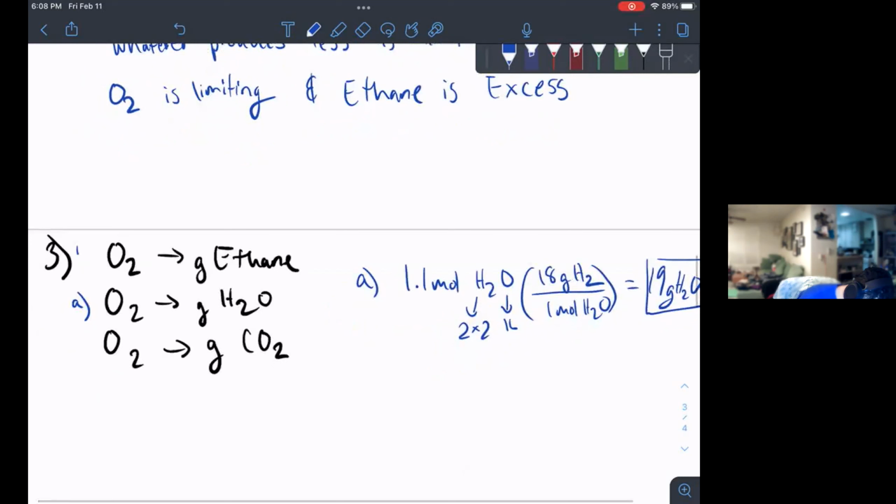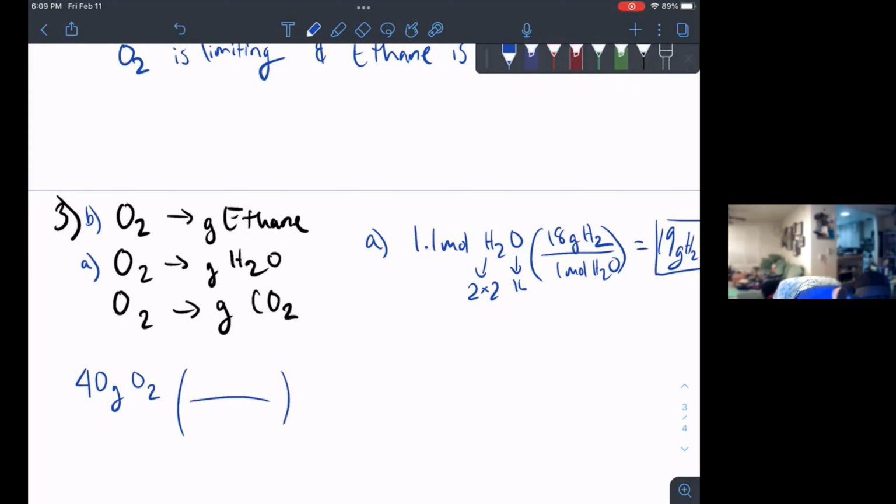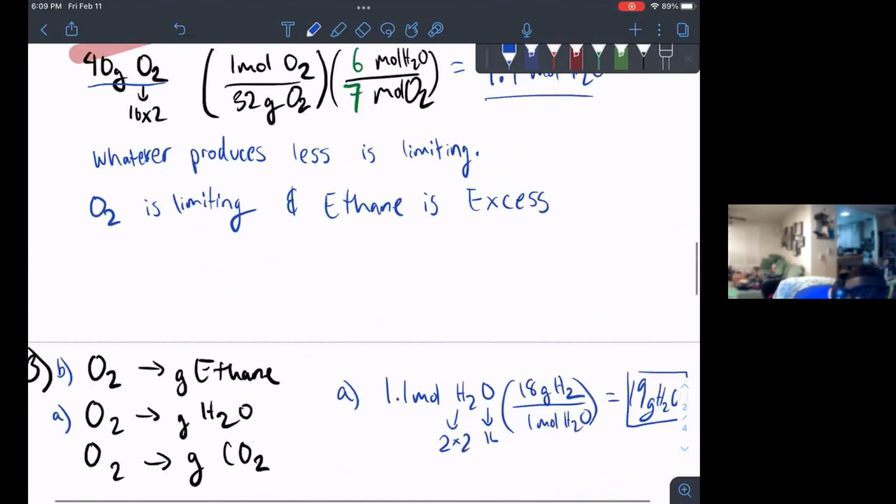Then let's go ahead and B, and we'll do O2 to ethane. So 40 grams of O2. And we're going to do that whole beginning thing where we go grams to moles. So that's going to be 32 grams O2, 1 mole O2, mole O2 to mole ethane. And the coefficient for ethane being 2 and O2 being 7.